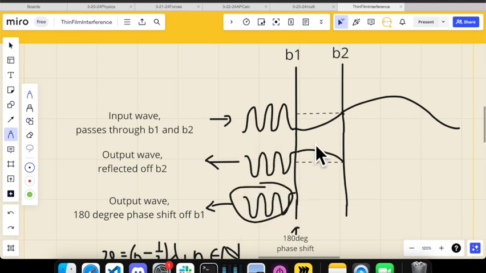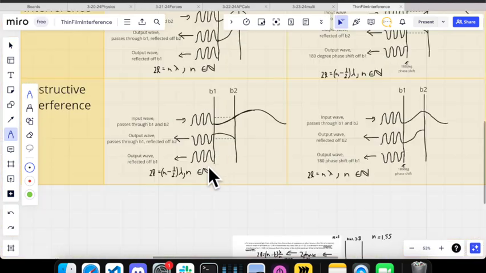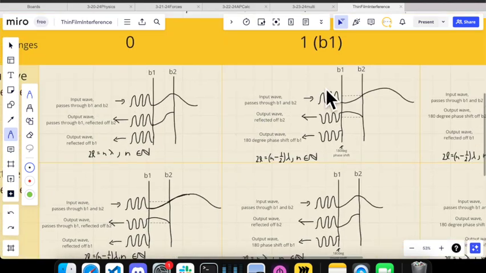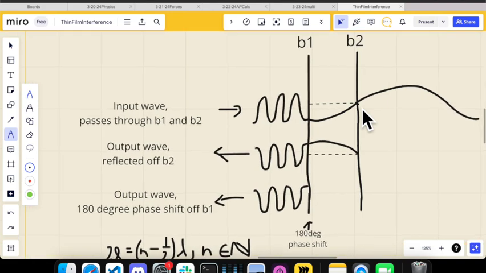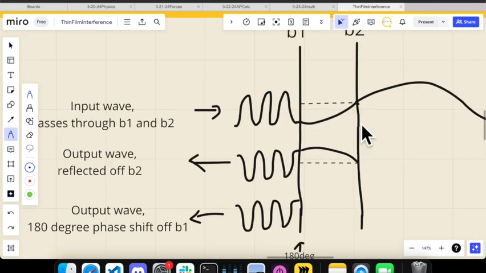The way to do this is similar to what we saw with the destructive interference, which is to do a quarter of the total wavelength through one gap between the boundaries. The total would give you there and back half a wavelength, and that way we get a 180-degree phase change.